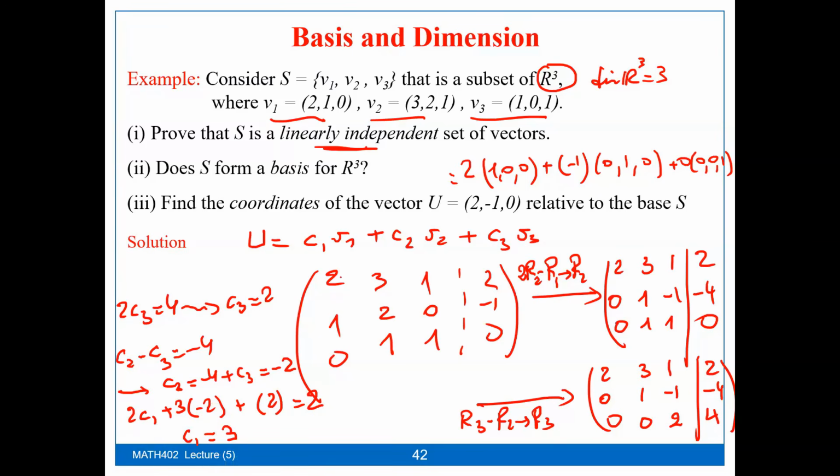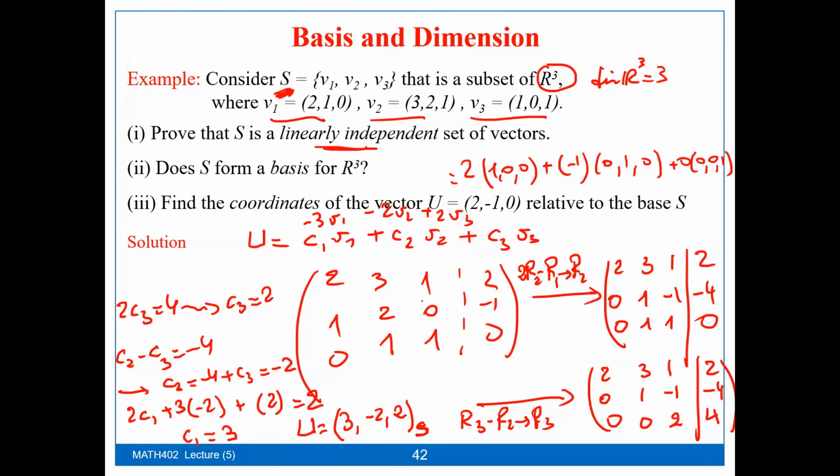Okay, so what are the coordinates of U in terms of this new base? It's 3, minus 2, 2, relative to this base S. It's written 3V1 minus 2V2 plus 2V3.